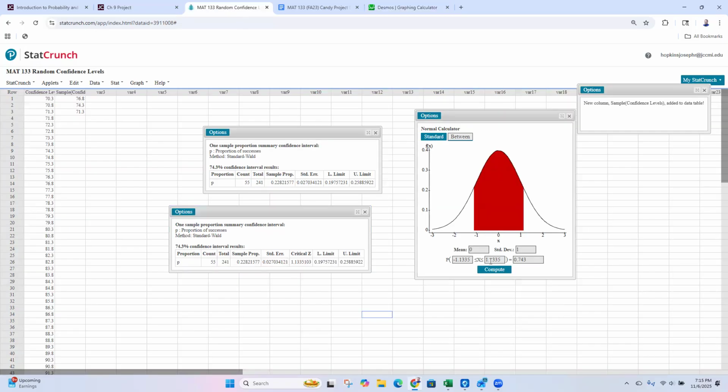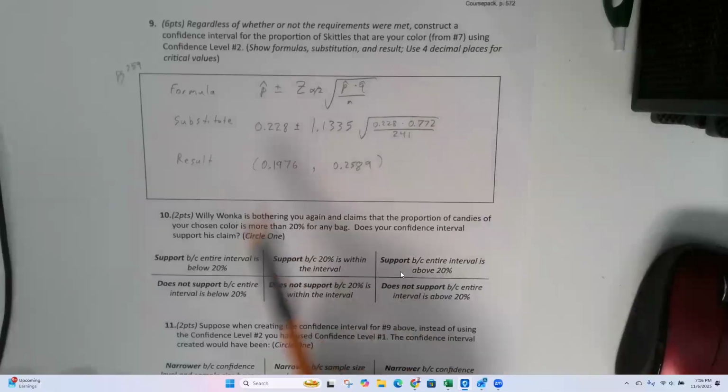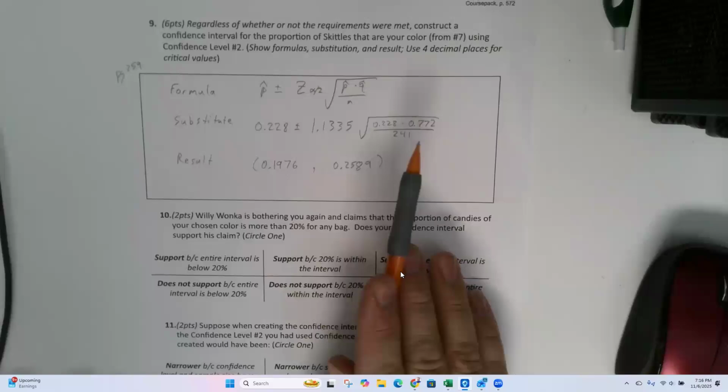It's not actually this z value, it's this one, and this decimal even keeps going. StatCrunch doesn't do any of the rounding, so since it's not rounded, it's slightly more accurate. But I'm not going to mark you off if you use either of those. Either way is fine.